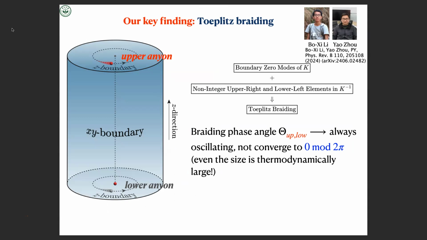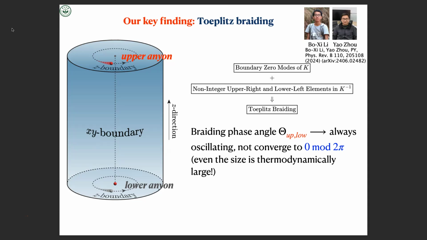I created the name. You can just ignore the strange name. Okay, so the result is that once we have the boundary zero mode of K and some additional minor condition, namely that the upper right and lower left elements of K inverse are non-integer, because in some very rare cases the braiding phase may be 2 pi, and 2 pi is 0.